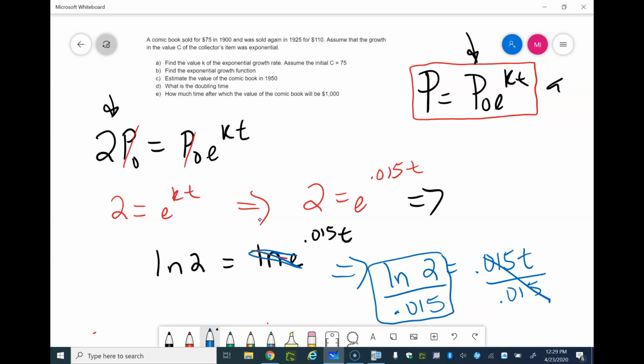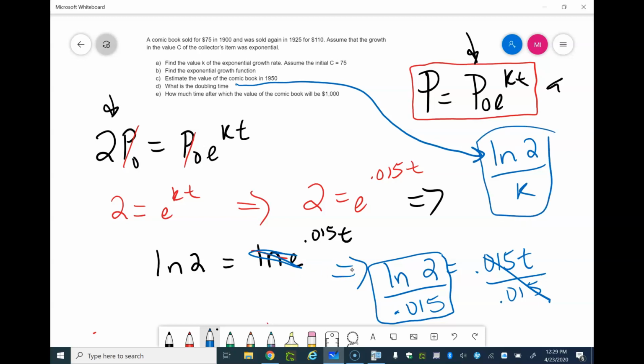So basically, double time is always going to be ln of 2 over whatever your K is. This is the meaning of double time. You're always going to use ln of 2 because we're doing that double, but the K is the only thing that's going to change in every problem that you do on MyMathLab.